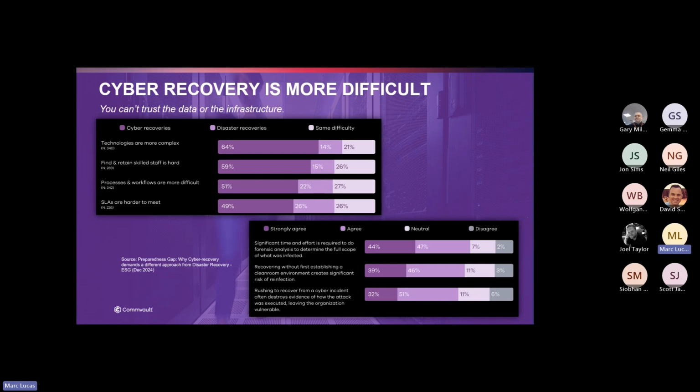And of course, with disaster recovery, they don't need to think about, is the data clean? Is the infrastructure also clean as well? So it's a lot more complex. There's a lot more time involved in a cyber recovery as well. But that's a fantastic report to share with your customers, to hopefully make them appreciate that backup and DR don't equal cyber resilience.